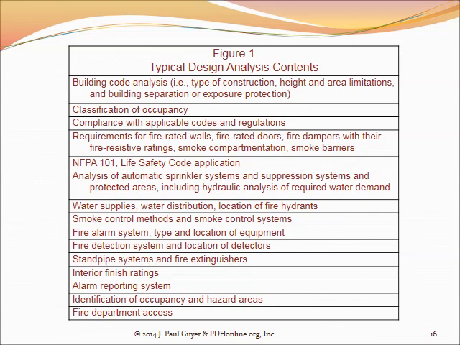The reason is the codes are constantly changing every time they get revised, which is frequently. They change things around. So you just need to think generically here as I'm going through this. Talking about what the codes have told you are the requirements for fire-rated walls, fire-rated doors, dampers, etc., things like that. That guides the plan checker.